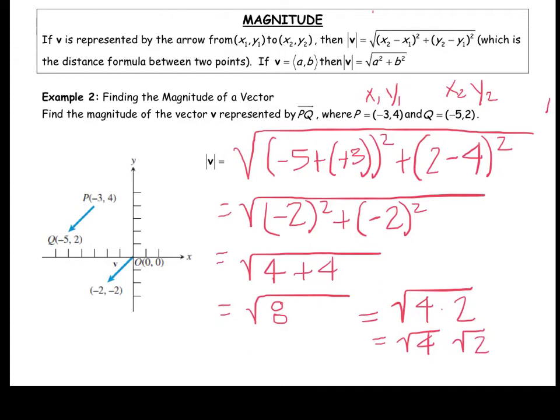The square root of 4 is 2. Depending on what you want, these two things are equivalent. This is just the simplified form. But the length of the vector PQ is 2 square roots of 2. So that is the distance traveled. Again, the distance is always going to be positive.